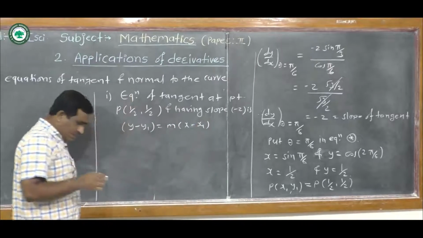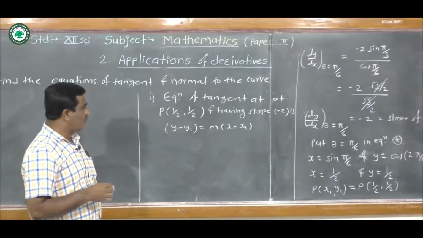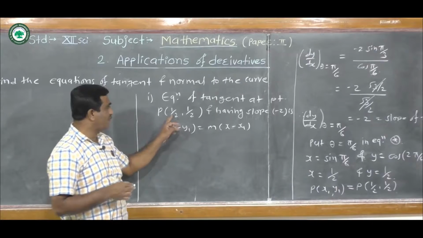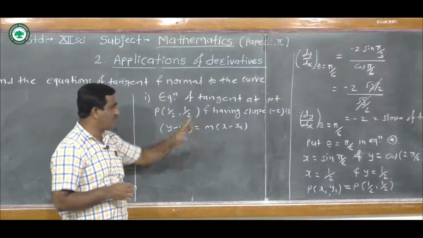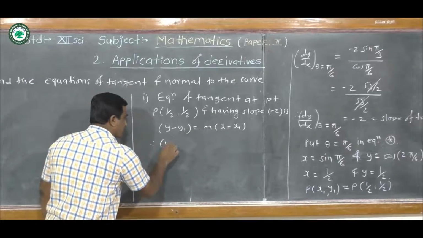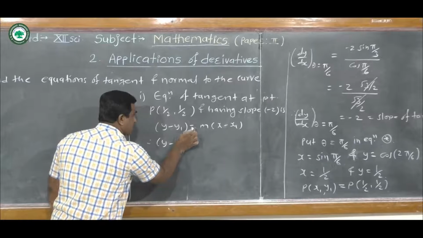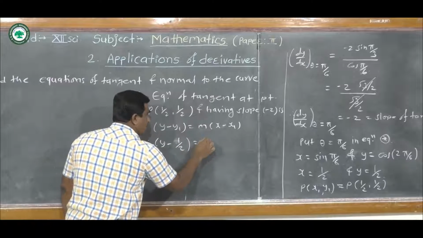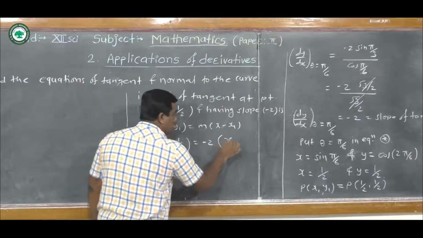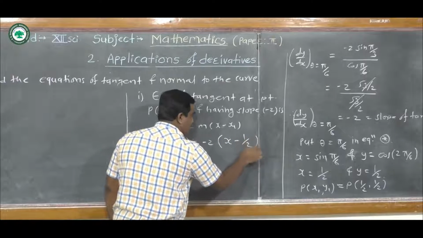This is the equation of line in slope point form. Put here point x1, y1 equal to 1 by 2, and slope m equal to minus 2. Therefore y minus y1, means 1 by 2, equal to m, means minus 2, x minus x1, means again 1 by 2.